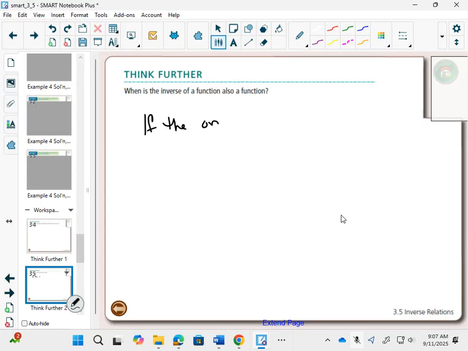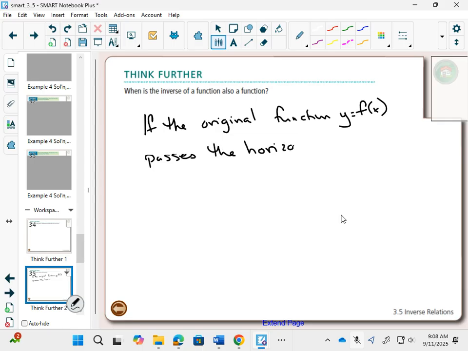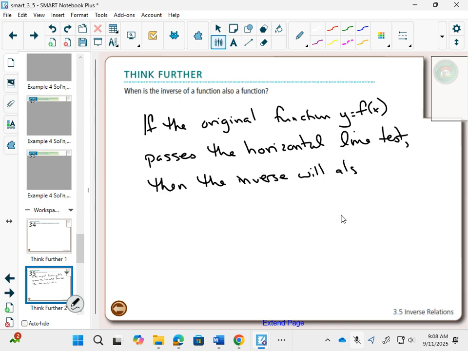If the original function y equals f of x passes the horizontal line test, then the inverse will also be a function.